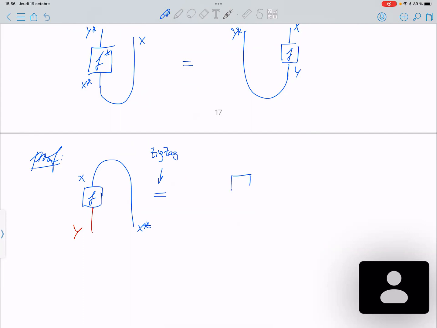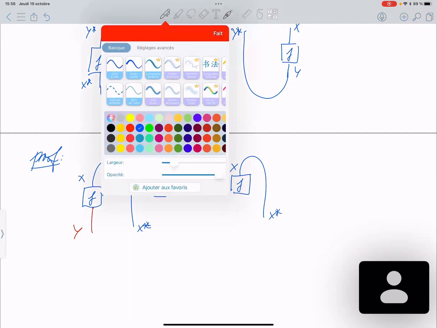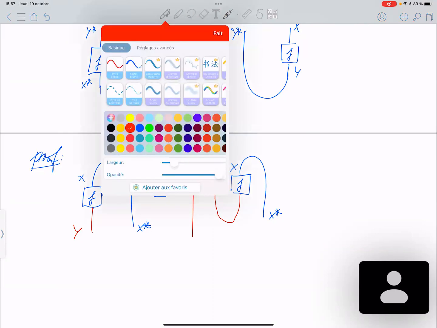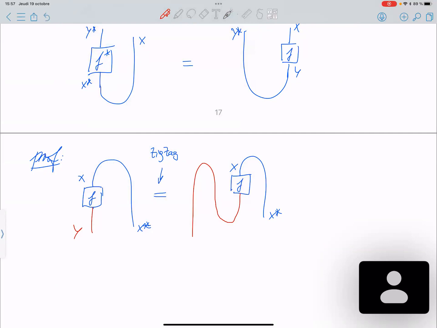We have f, x star, and then the zigzag. Okay. But this part here is by definition the dual of f.